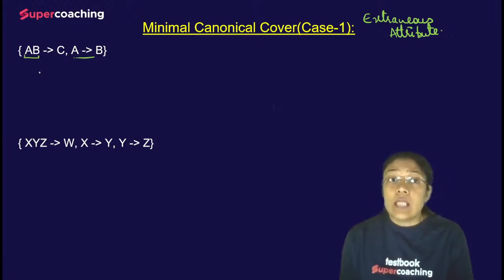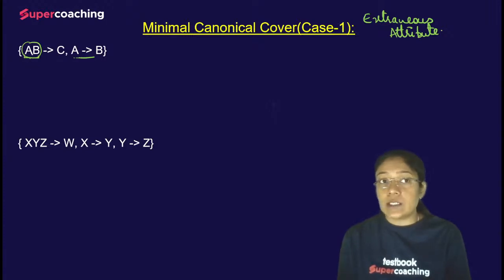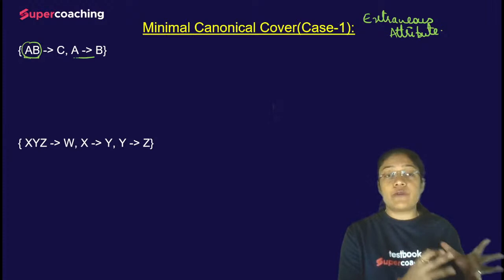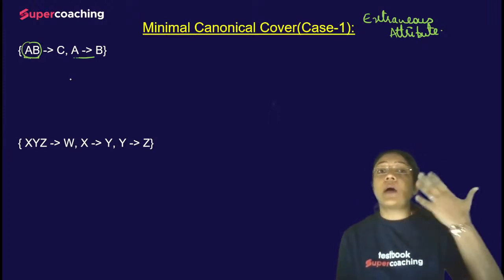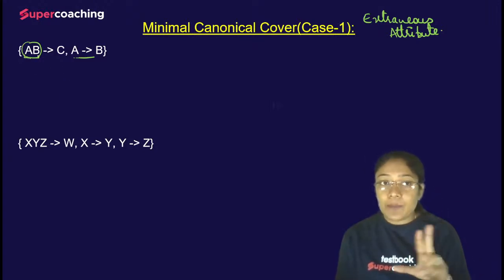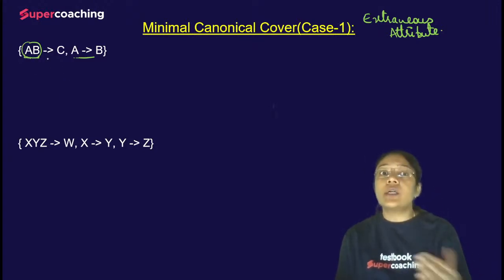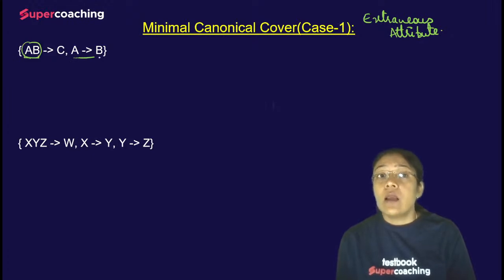If there are two or more attributes together in any functional dependency, and they are also part of some other functional dependency, then the attribute which is present on the right hand side is the extraneous attribute.